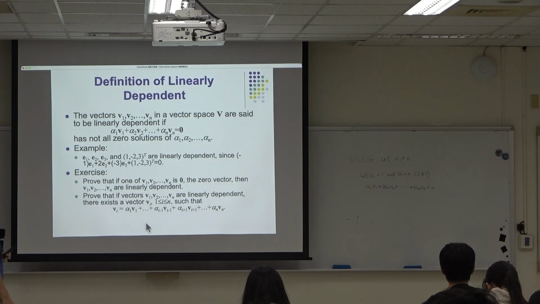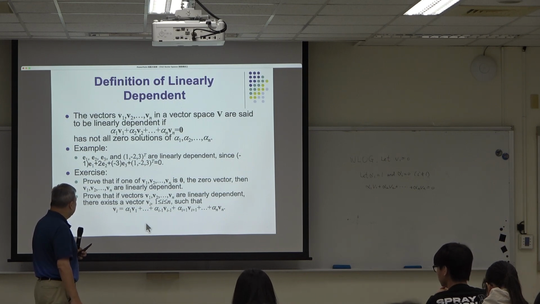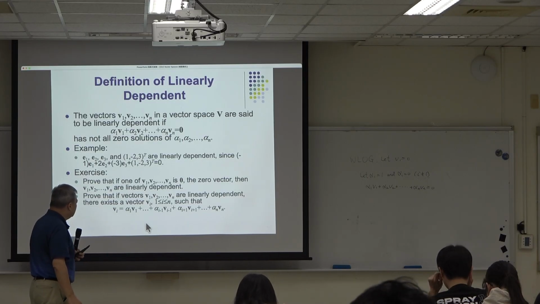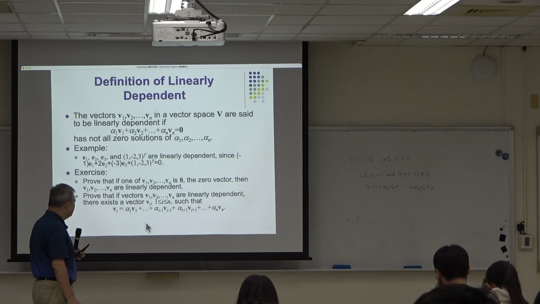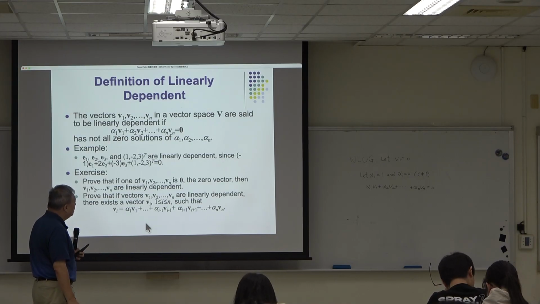And also, prove that if vectors v1 to vn are linearly dependent, there exists a vector vi such that vi can be written as a linear combination of the other vectors in this set.